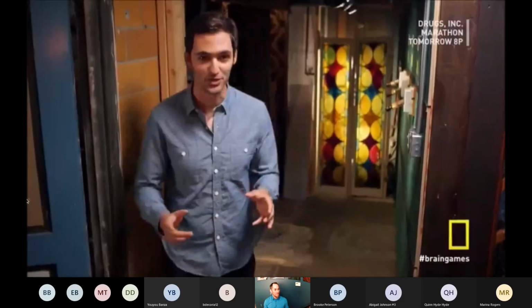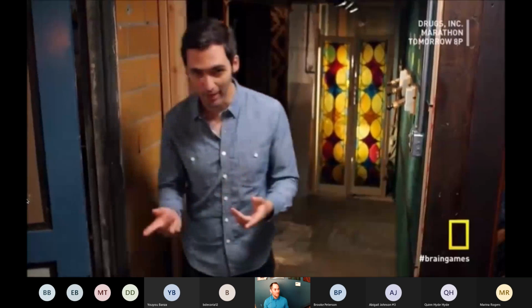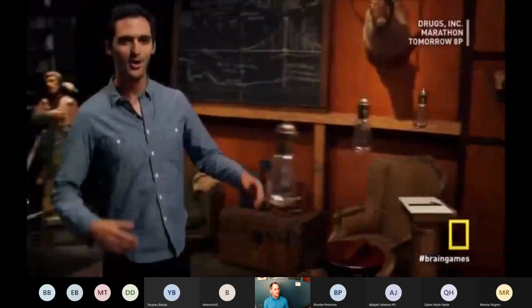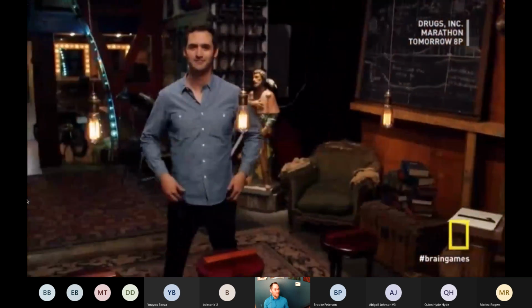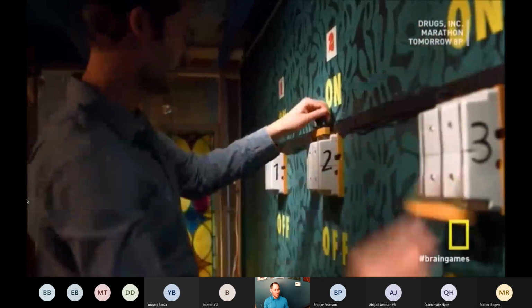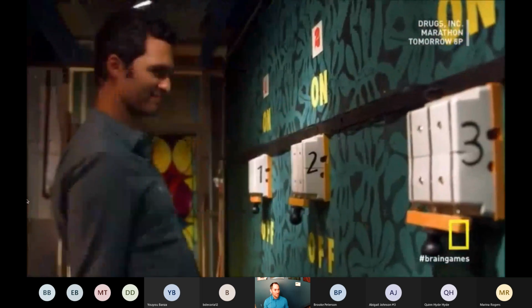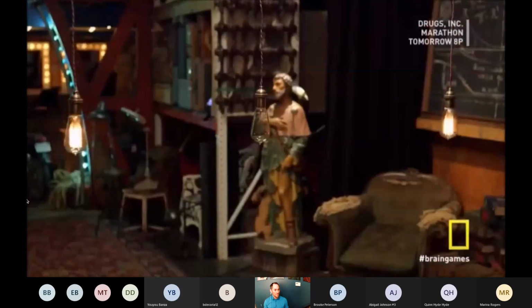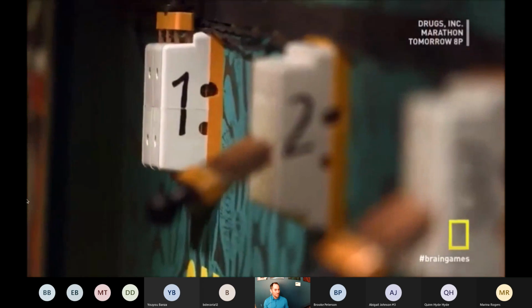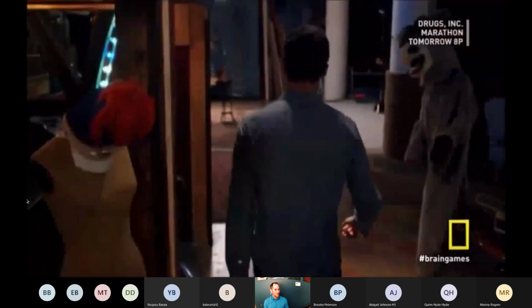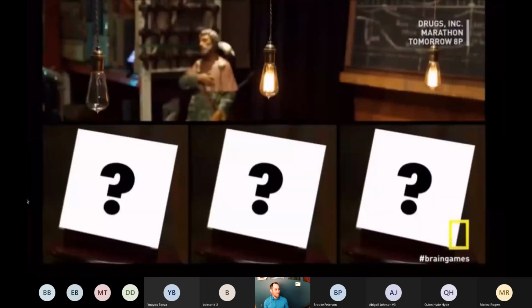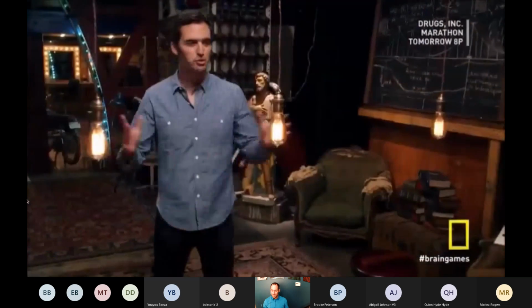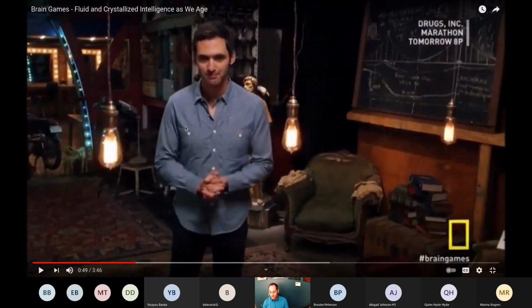The only problem is the switches are over here, and the bulbs are over here. You can turn the switches on and off as much as you'd like, but since the bulbs are in the other room, you won't be able to see them as you flip the switches. Then you only get one shot to go down the hall and label the bulbs correctly. So how would you figure out this problem?